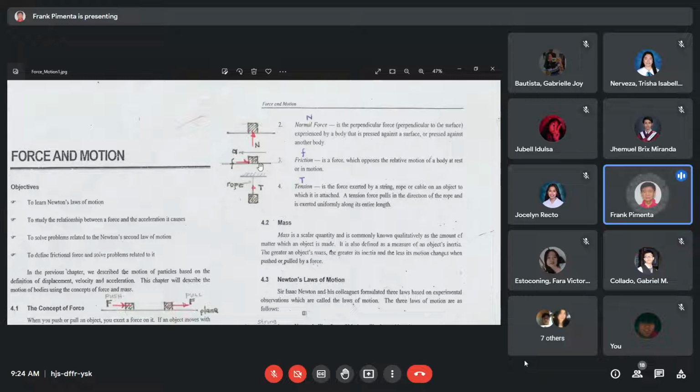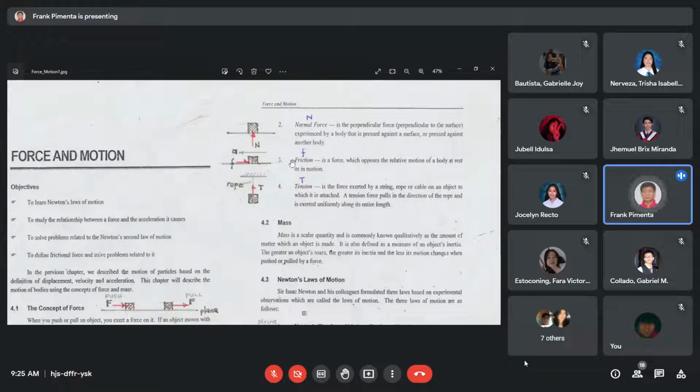Maybe in your previous physics classes, the friction was placed here in the middle. Okay? Without asking, why is it placed here in the middle? Okay?